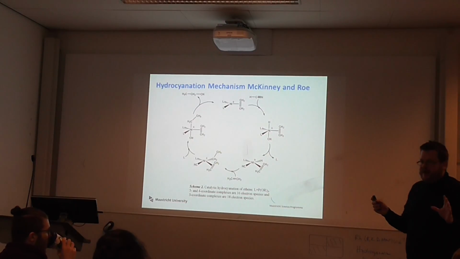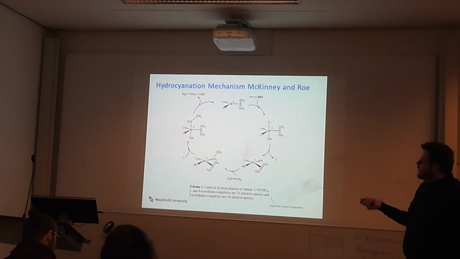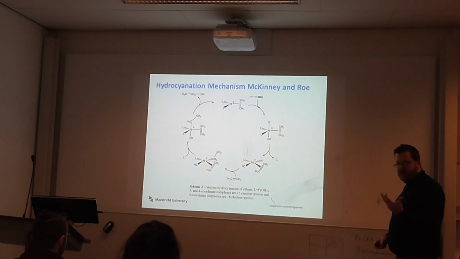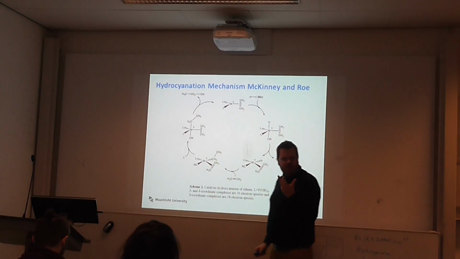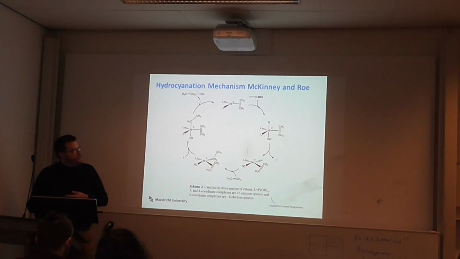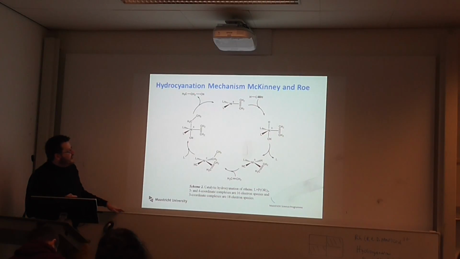So I'm digressing a bit, but to go from this 5-coordinate system back to the 3-coordinate system, there is a Berry pseudorotation, mutually cis groups, and reductive elimination to form the product.